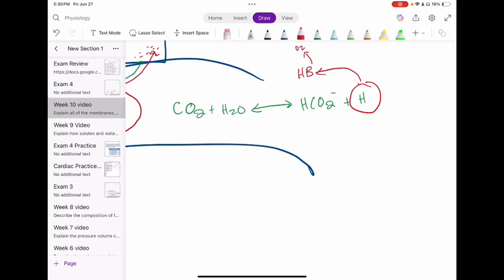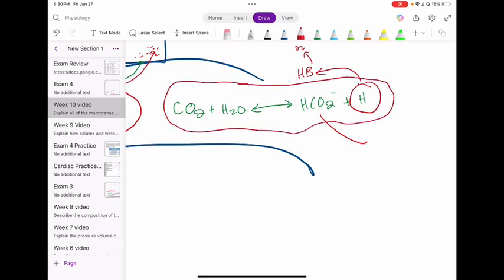So it kind of does that same thing. So this happens all within the cell, within the red blood cells. And then there's this transporter that will take bicarbonate. I put 2 there. It'll take bicarbonate and allow it to be in the blood.